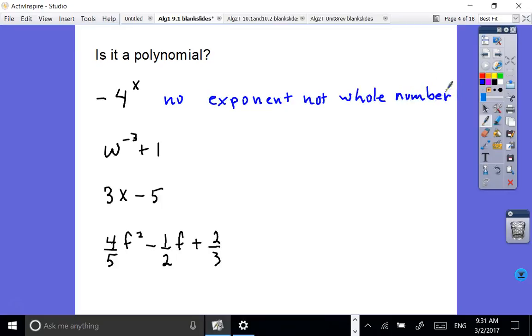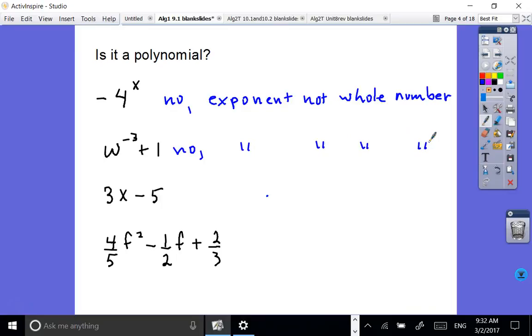So how about the next one? Is -3 a whole number? No, because the whole numbers start at 0 and only go positive. So that's not either. That's no, negative exponent. So I can actually say no for the same reason: the exponent is not a whole number.